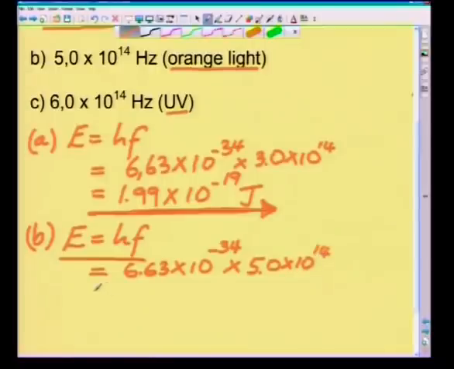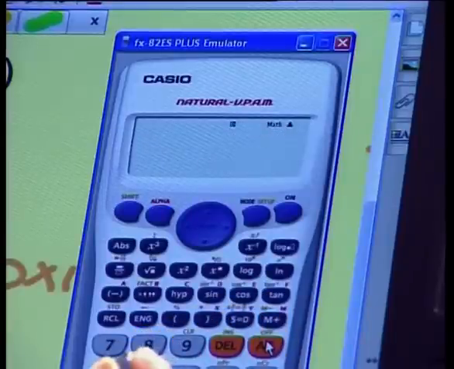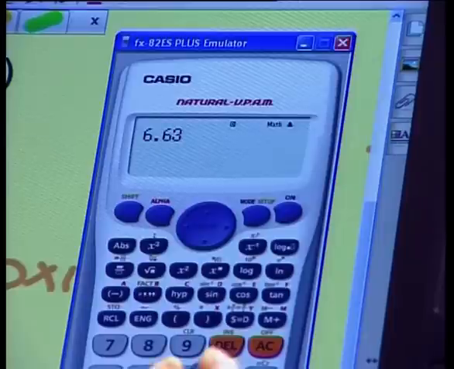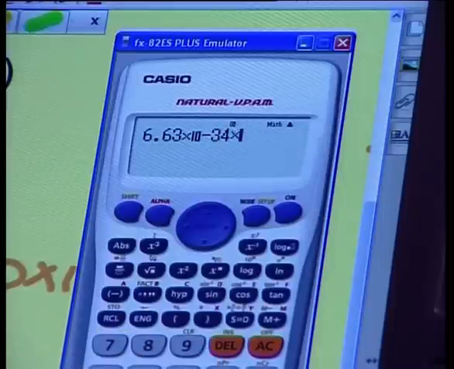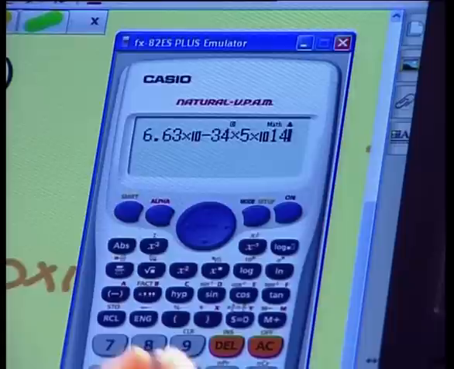And then we can find this quickly making use of a calculator. Now this is 6.63 by 10 to the power minus 34 times 5.0, which is as good as 5 by 10 to the power 14.